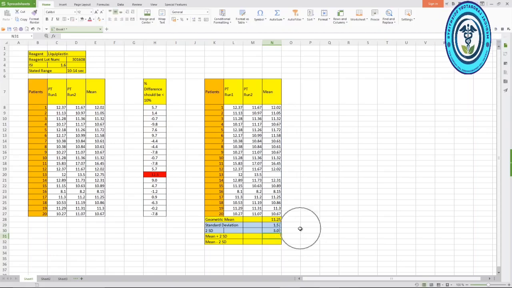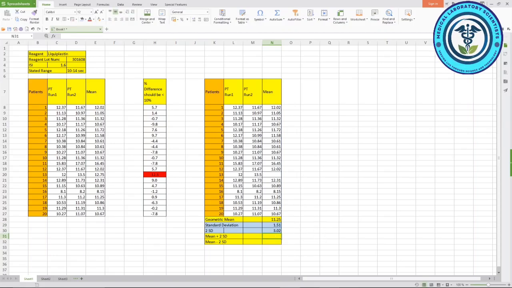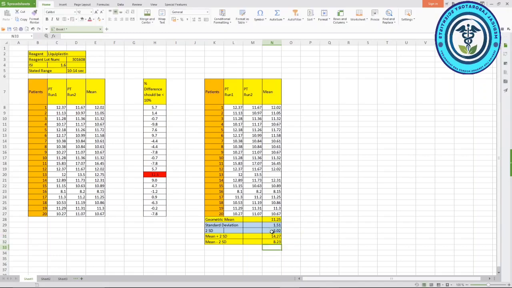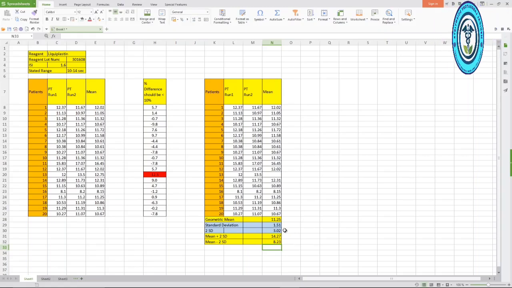Geometric mean plus 2SD and geometric mean minus 2SD will give you the upper and the lower limits, or the range, between which the values should lie. Hence, the upper limit is 14.27 seconds and the lower limit is 8.23 seconds. Now, look through all the mean values to see if any exceed the specified limits.